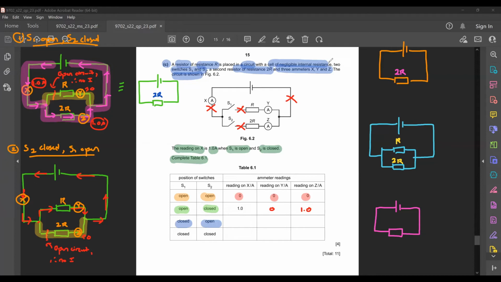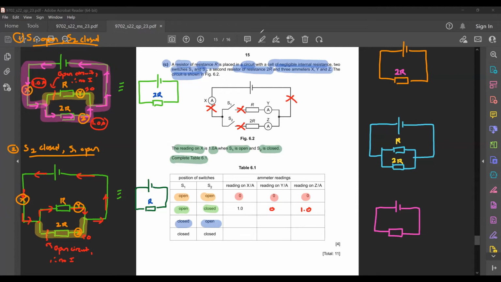And then for the second diagram, we do the same thing where we again draw a simplified circuit that consists of a single cell and a single resistor. But this time our resistance is just R.